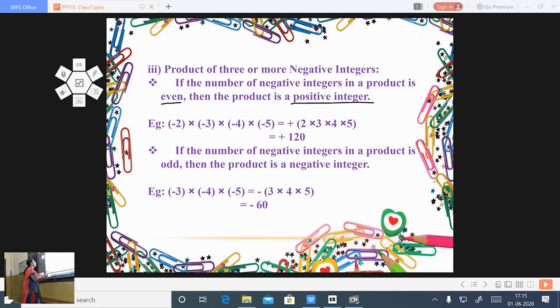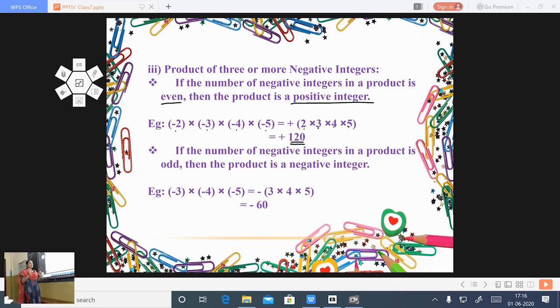For example, consider minus 2 into minus 3 into minus 4 into minus 5. So as usual, first we have to multiply them as whole numbers, that is 2 into 3 into 4 into 5. The answer is 120. 2 into 3, 6, 6 into 4, 24, 24 into 5, 120.